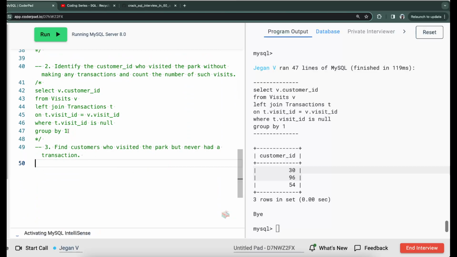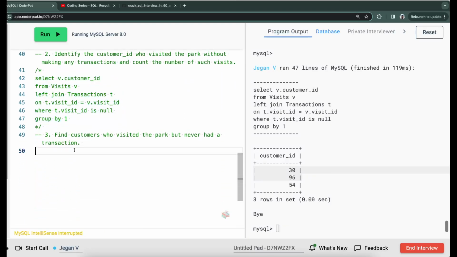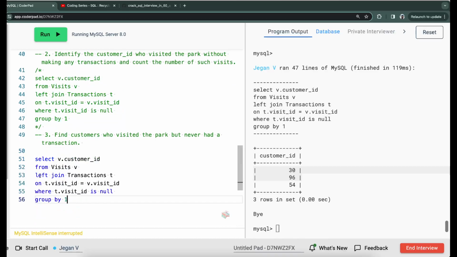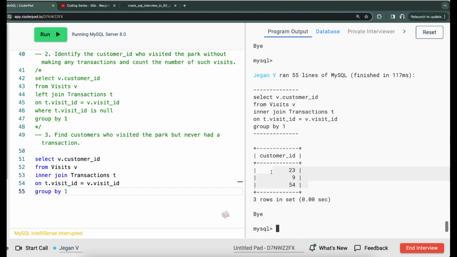So how to do that? We take the same SQL, the inner join part of it. So we just say visits inner join transactions based on the visit ID.